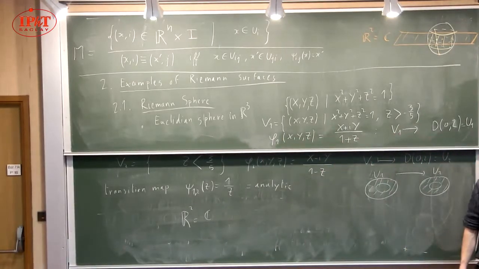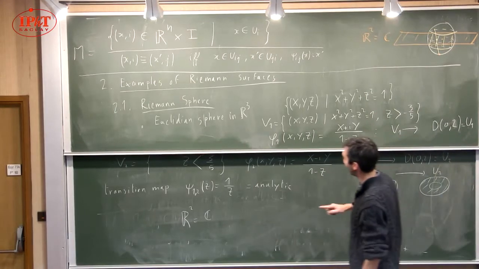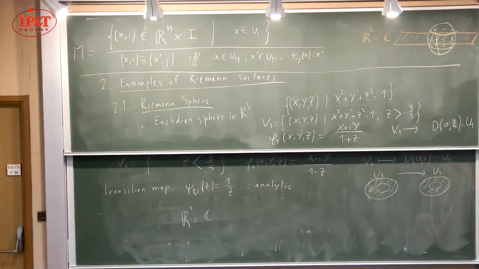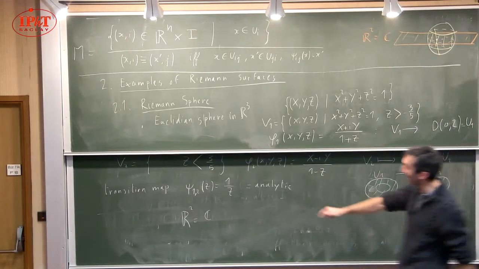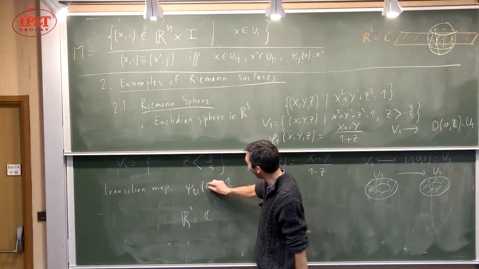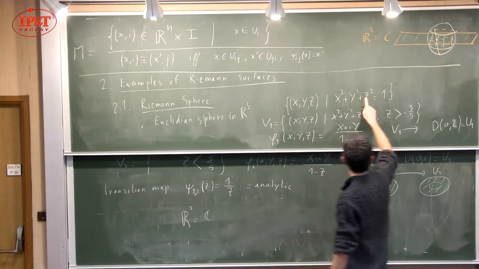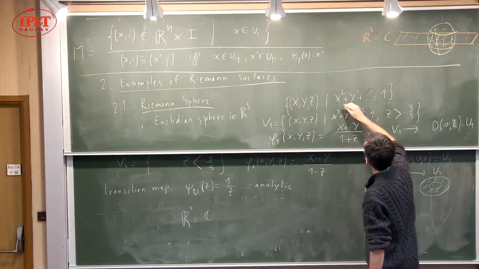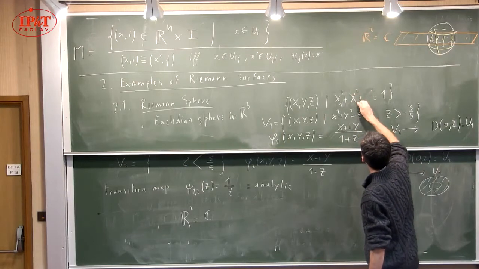Bertrand, you have two Z's. There is the Z of R cubed and the Z which is X plus Y. Okay, I see. This Z is not that Z. In my notes, this is a lowercase z. Okay, I should call them x1, x2, x3.